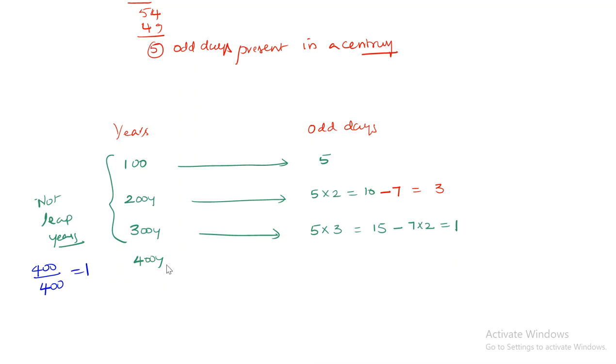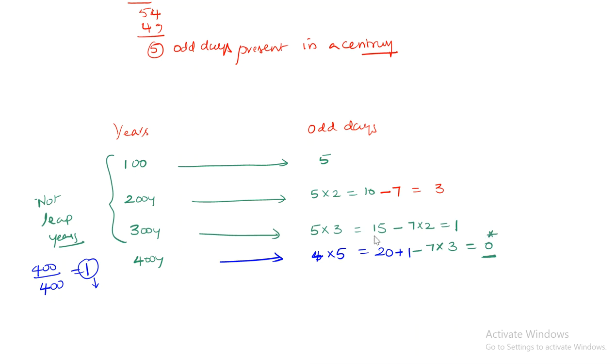So 4 into 5 is 20 days, but it is a leap year, which counts one extra day. That means 20 plus 1 is 21, which makes 3 complete weeks. So the answer will be 0 here.